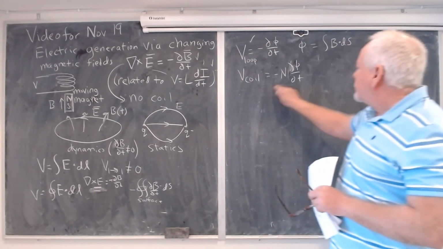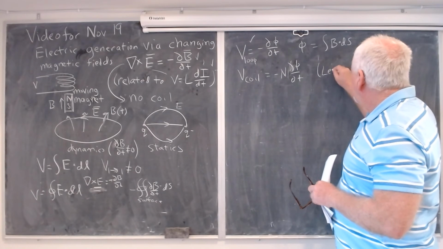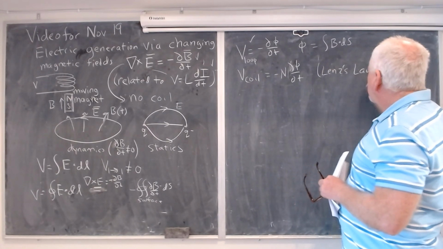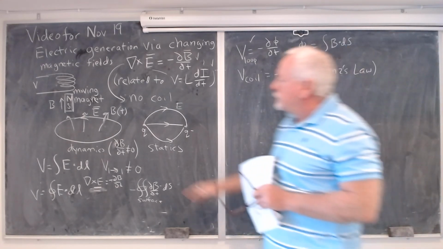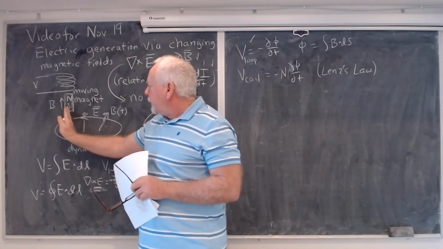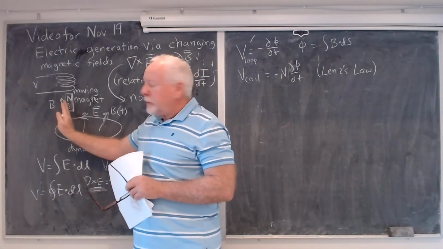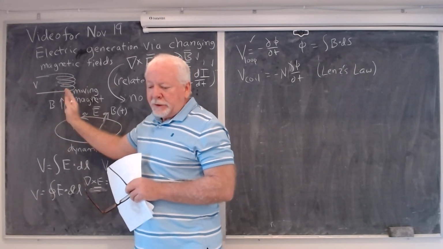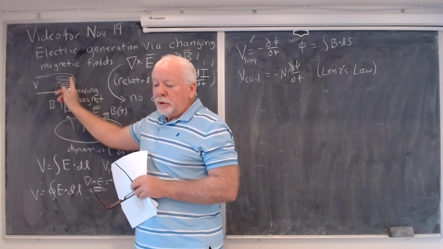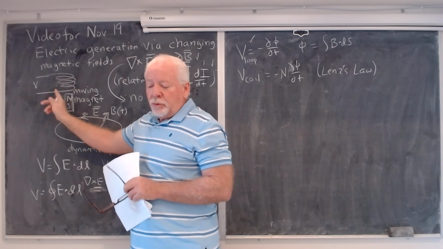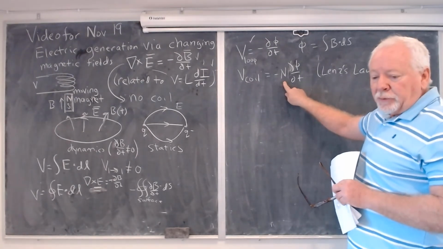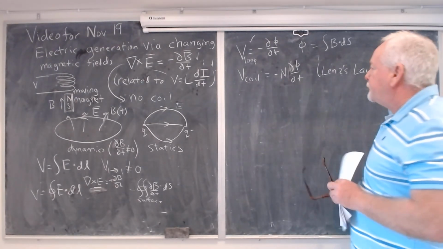And this is Lenz's law. It was the first observation that he discovered: if I move this magnet at some rate of change that gives me a changing magnetic field through that coil, and I add more loops to the coil, I basically just multiply this by N to get the voltage that's developed across the coil.